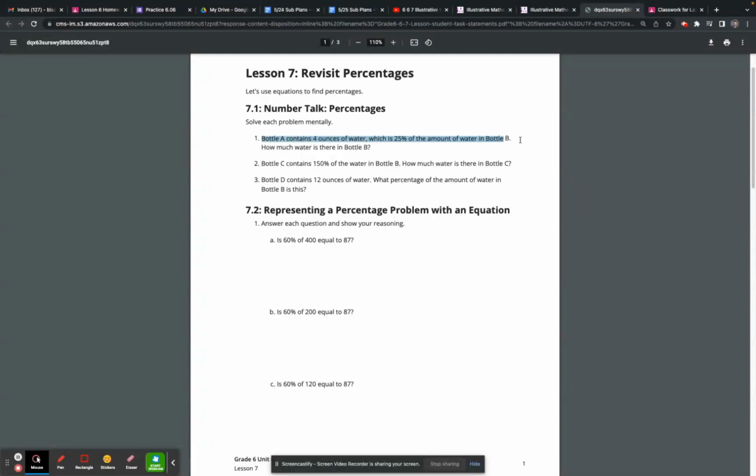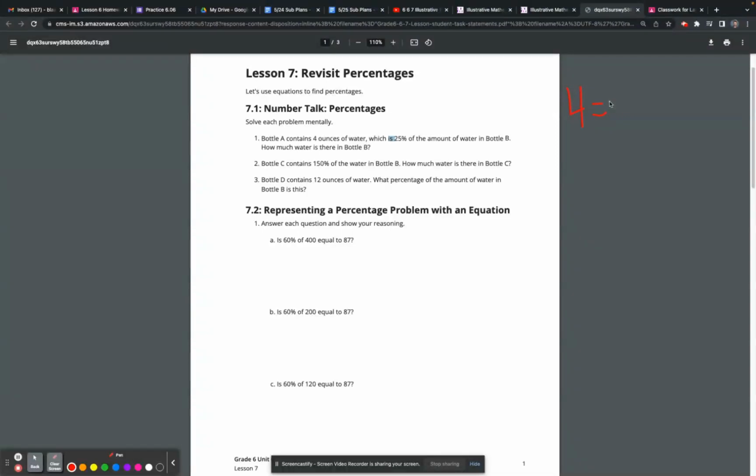So if I take this sentence right here and translate that to an equation: bottle A contains 4 ounces of water, which is 25% of the amount of water in bottle B. So we're looking for the amount of water in bottle B. If I translate that first sentence, 4 ounces of water, okay, I'm using a tablet here, so bear with me. 4 ounces of water, and this is, so I'm going to use equals, is 25% of the amount in B. So the amount in B is what we're looking for, so I'm gonna use X for that.